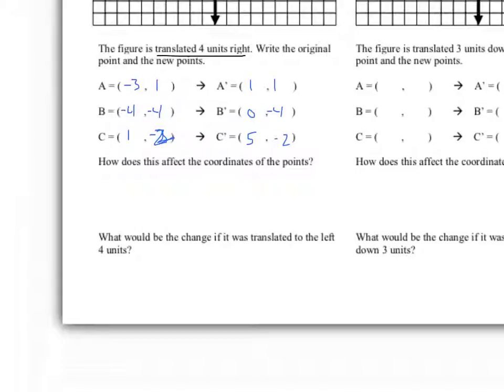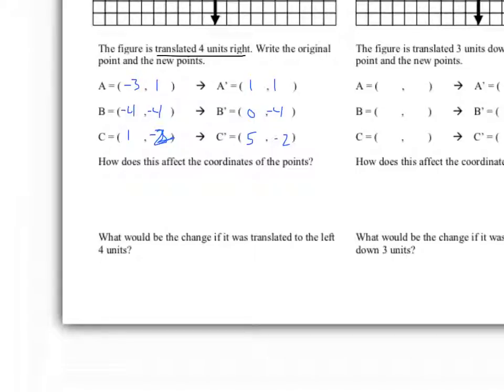Isais. So the y stays the same because we're only moving left and right. So that definitely makes sense. And what happens to the x? Johanna. So it increases the x value 4 times. So what we can see is that when we're moving left and right, it only affects the x, and if we're moving to the right, it increases it by 4.